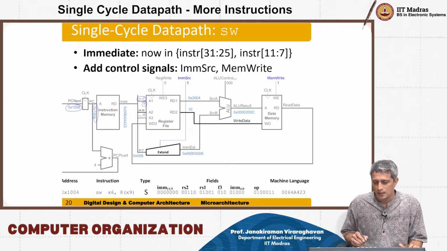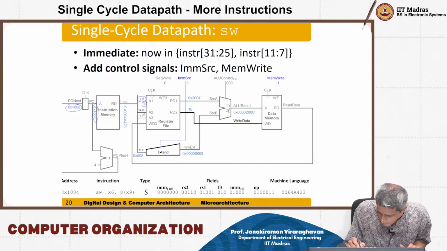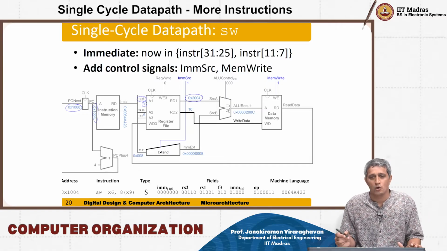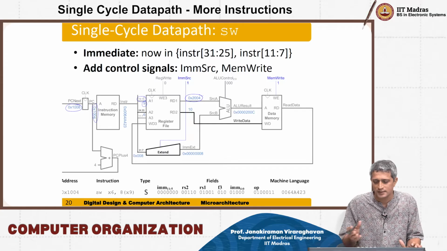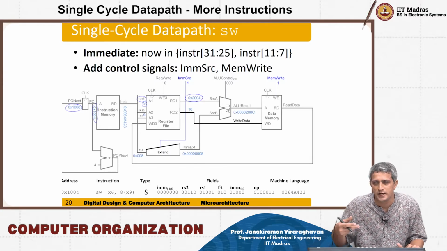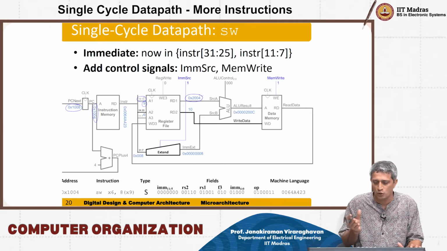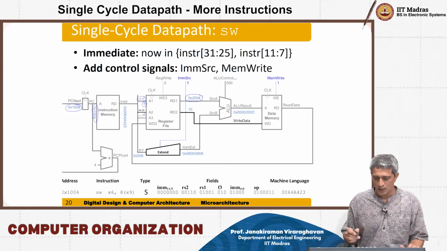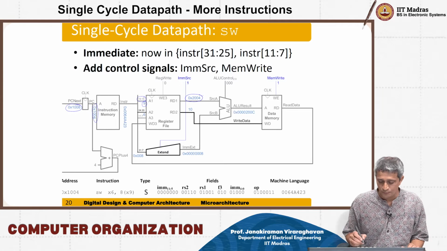Now you will get that data, which you're going to add with that immediate data and get the address that you want to write into. The difference now is how the immediate data is actually treated. So let's look at this.